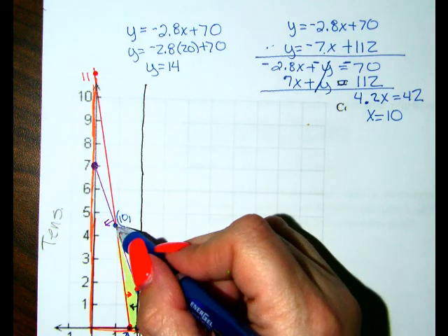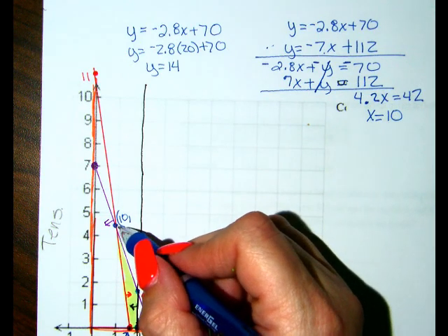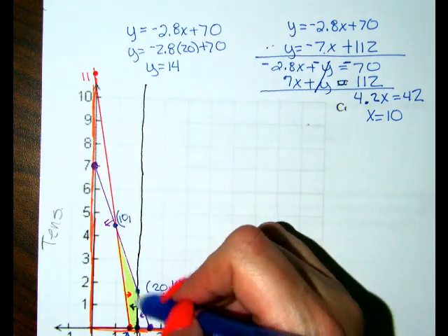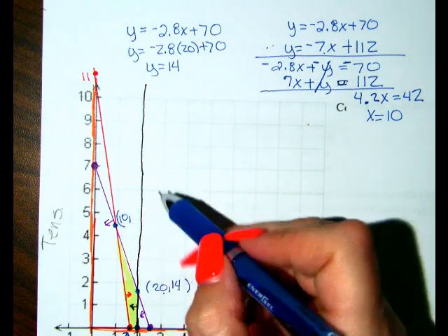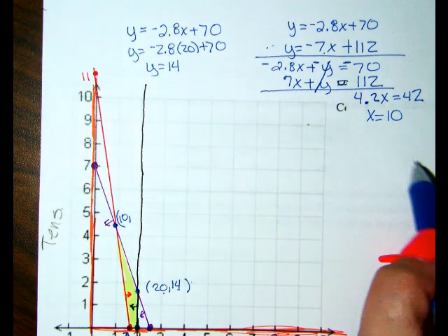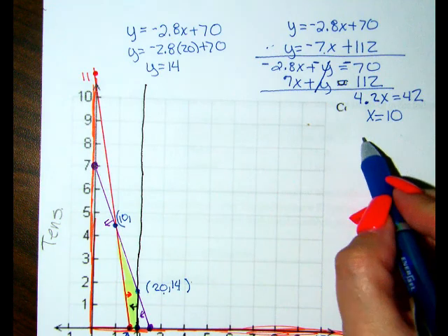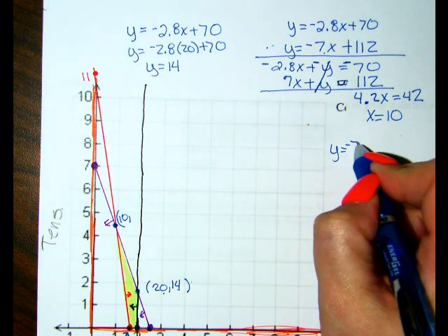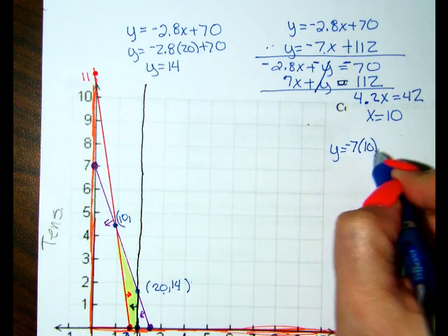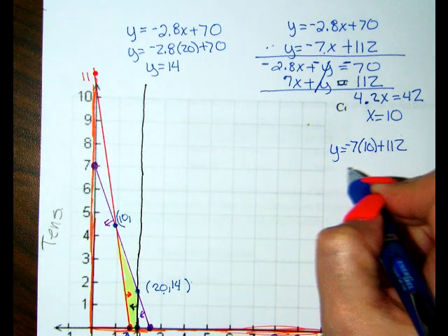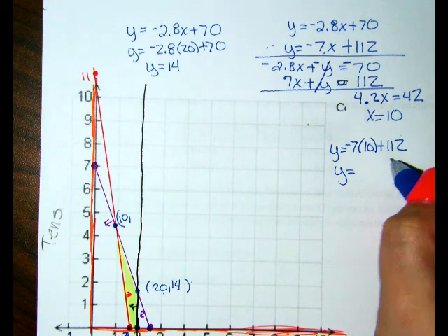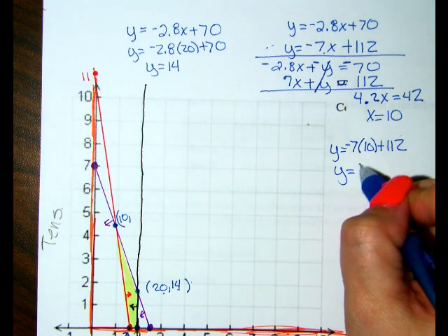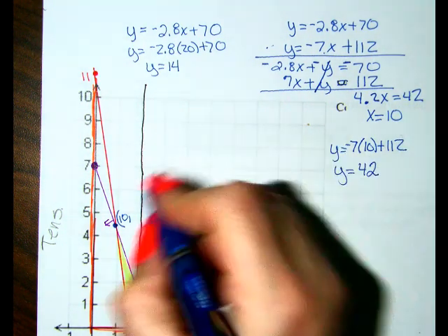Okay, you kind of can see that by the graph, but because we had to guesstimate some of these dots, it's not exactly there, so you need to do your systems to get it exact. But now that I know x, I can plug it in. So y equals negative 7 times 10 plus 112, and that would give me 112 minus 70, which is 42.